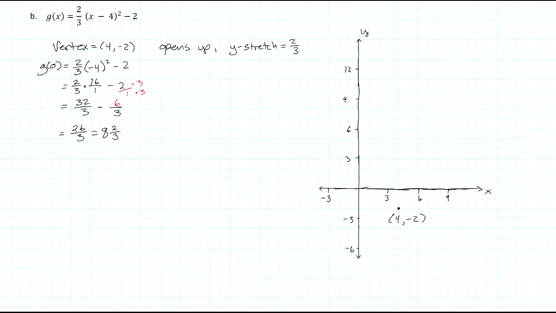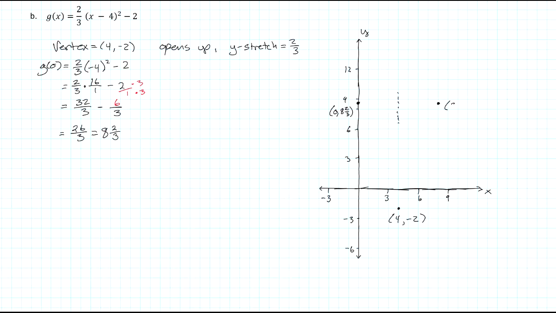Now we want the y-intercept 8 2/3. So 8's right there. 8 2/3 is 2/3 the way up to 9. So 0, 8 2/3. And then we want its mirror point. So here's the axis of symmetry going over 4, and then 4 more is here.